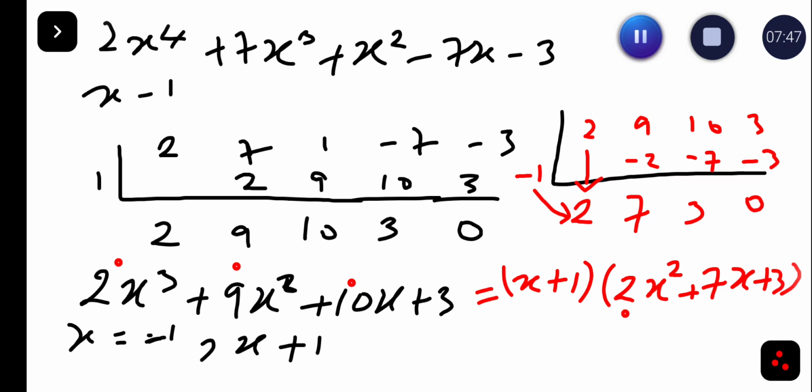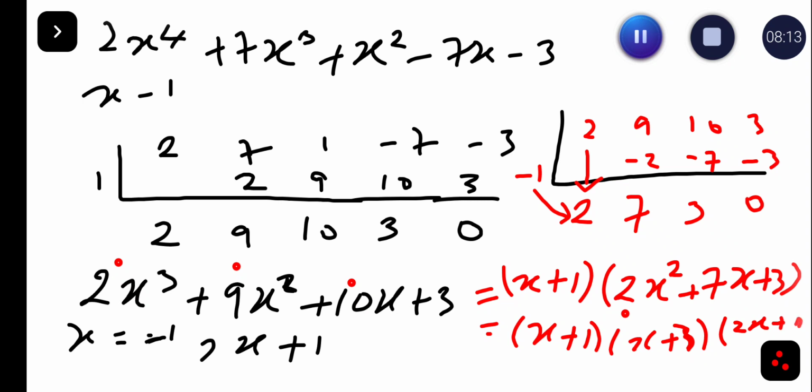So 1 plus 6 gives 7, and 1 times 6 gives 6. So this expression will be x plus 3 times 2x plus 1. So this one has been expressed in 3 factors.